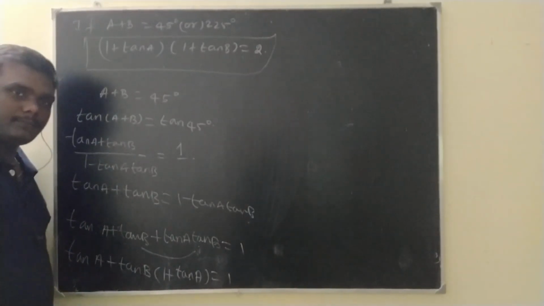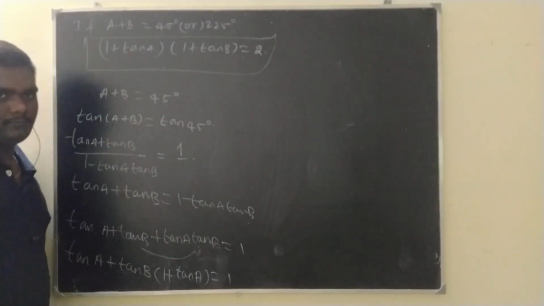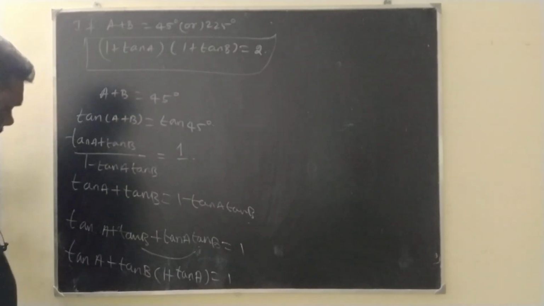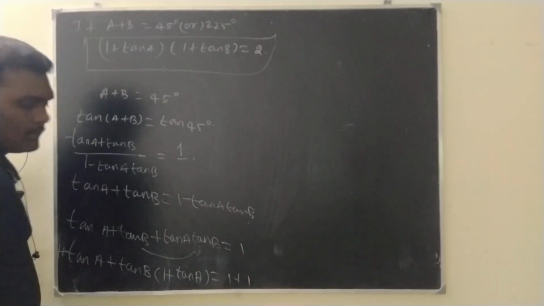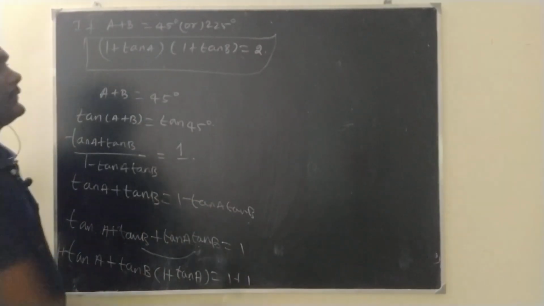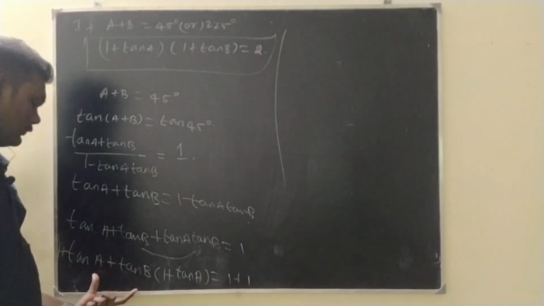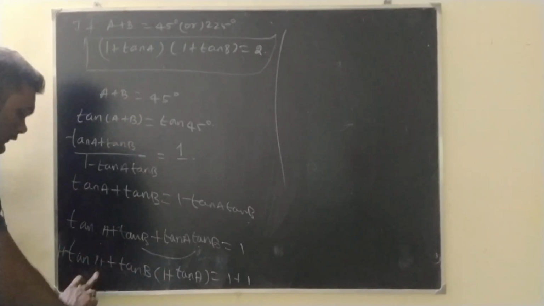If you don't have 1, make 1. Add on both sides, so 1 plus here and 1 plus 1 there. Then from these 2 we can group.